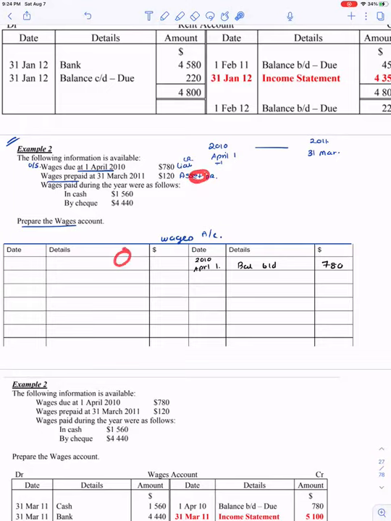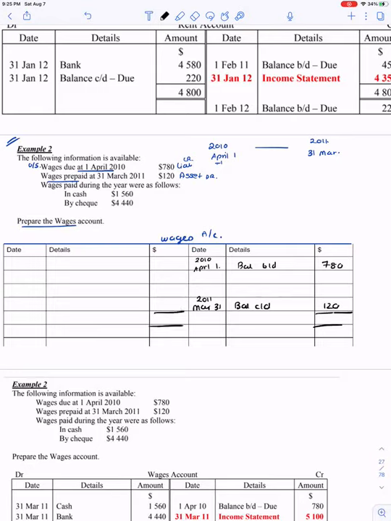Assets have a debit balance. Opening would come on the same side, but this is the closing. So it would come on the opposite side. So 31st March, year 2011, balance carried down is 120.